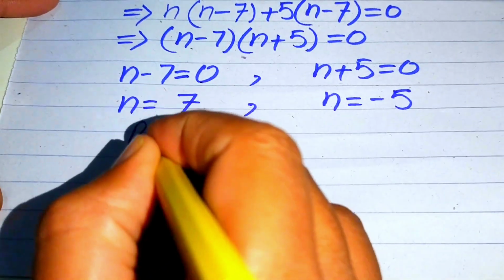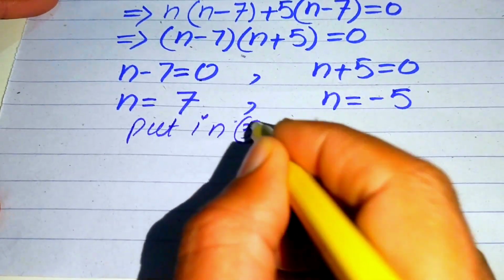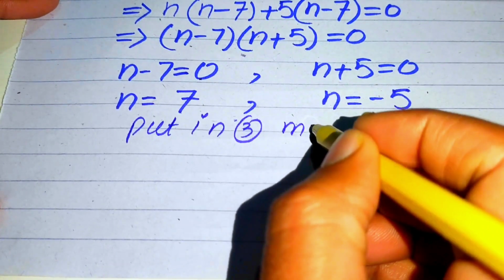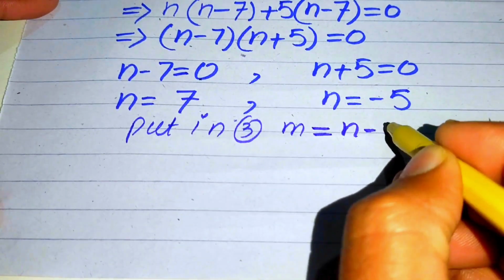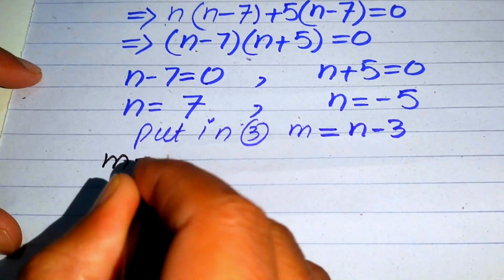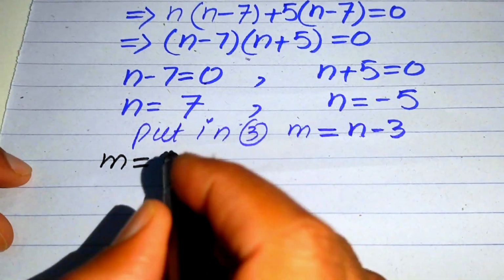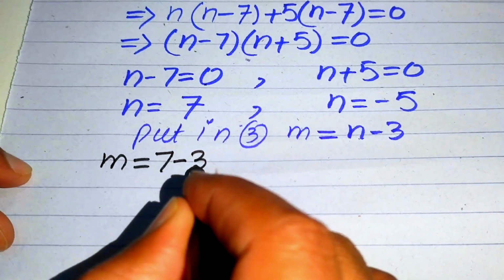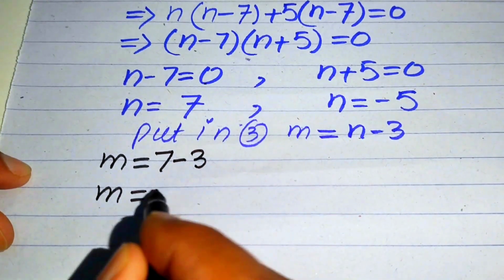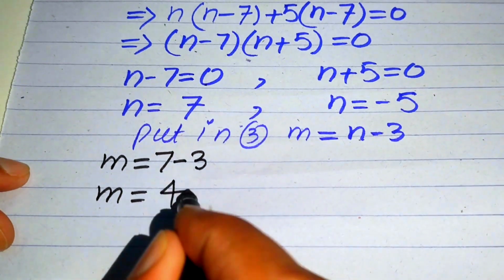Now we put both values in this equation, and we get m equals n minus 3. When we put the value 7, we get 7 minus 3, and we obtain m equals 7 minus 3, which equals 4.